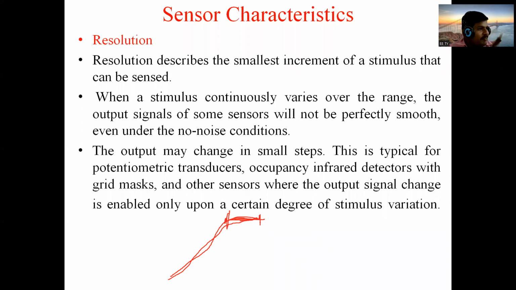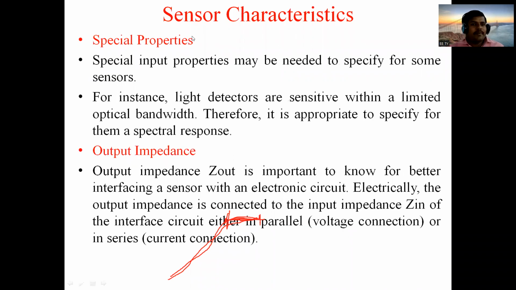Suppose in our projector we vary that knob beyond that limit, the resolution is good only in a specific range, no? In that specific range the resolution should be good, either less than or more than. After that variation the resolution should reduce. So this is the resolution characteristic of the sensor.